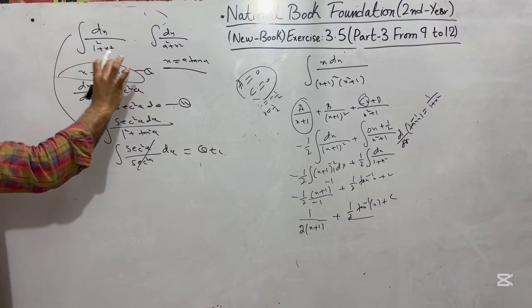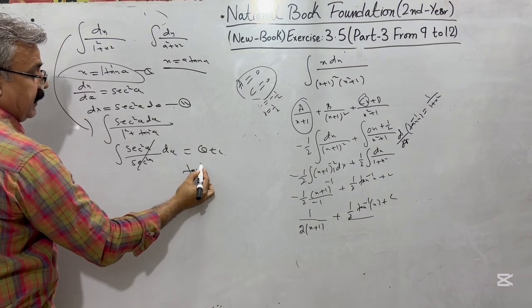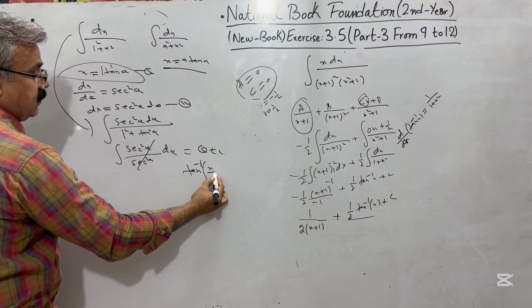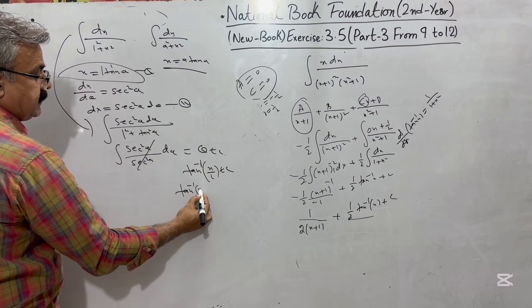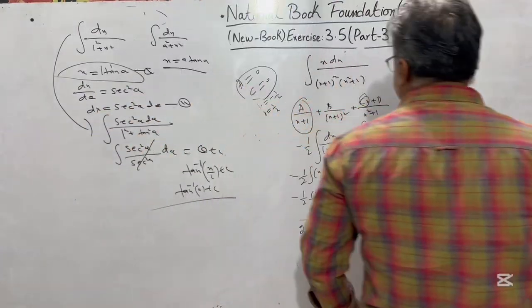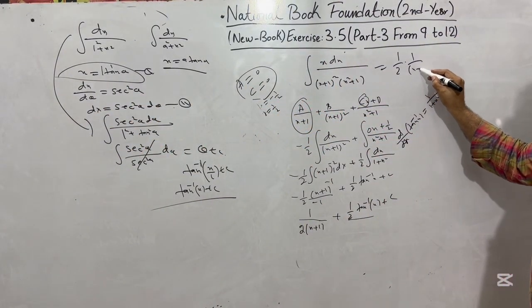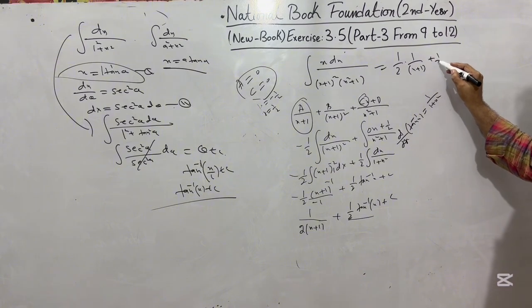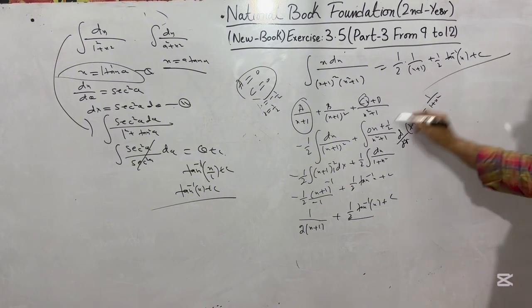To remove tan, introduce tan inverse or arc tan, so we have theta is equal to tan inverse of x over 1 plus c, or tan inverse x plus c, it's our answer. So the final answer of this one is 1 over 2 times (x plus 1) plus 1 over 2 tan inverse of x plus c.